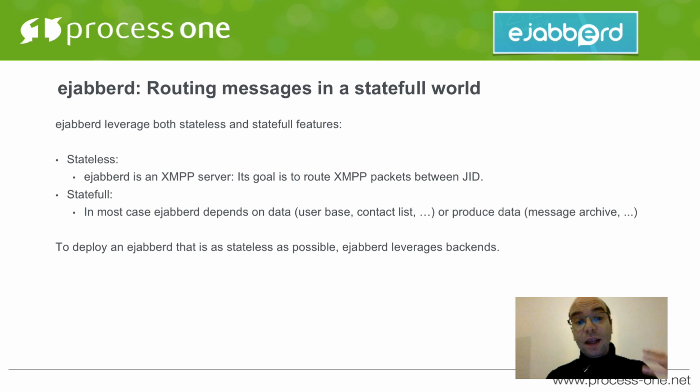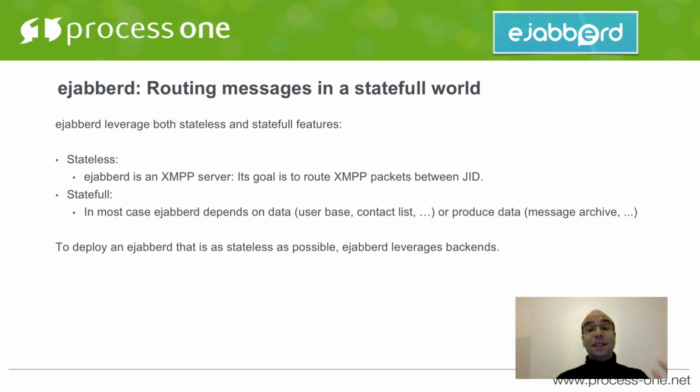So we try to make ejabberd as stateless as possible. When we deploy ejabberd, we try to be as stateless as possible, and this is something we are pushing as far as possible in the concept we are putting together for ejabberd as a software as a service, our SaaS platform.